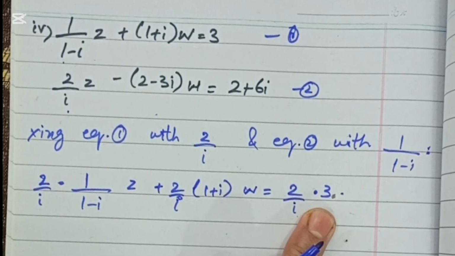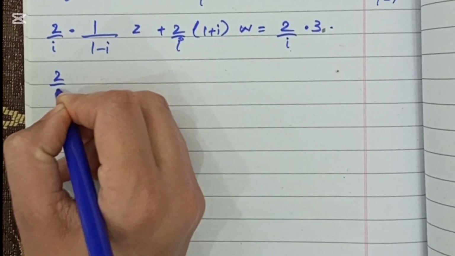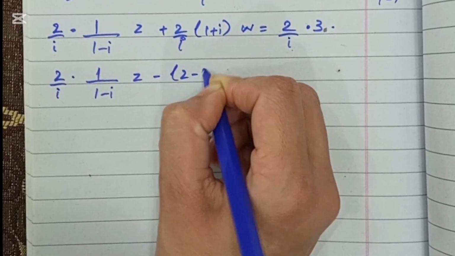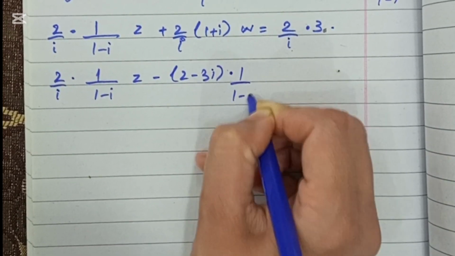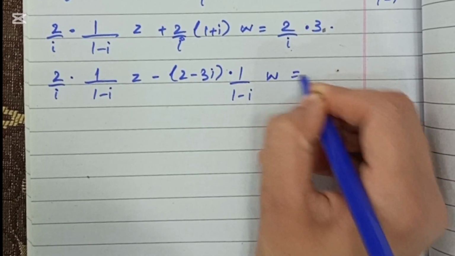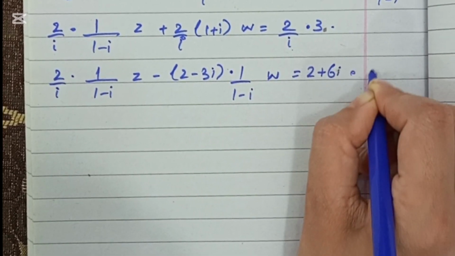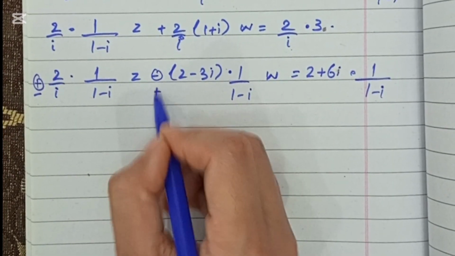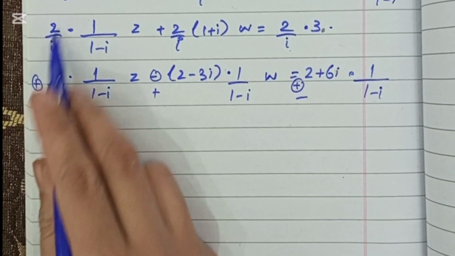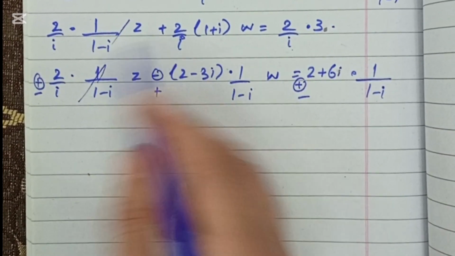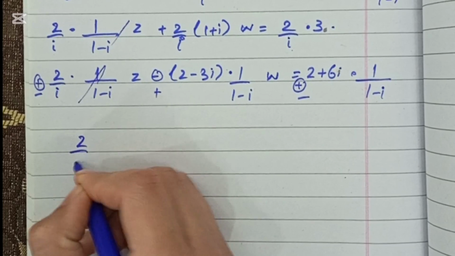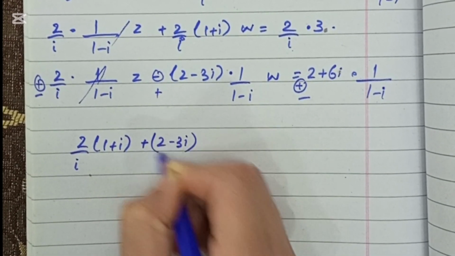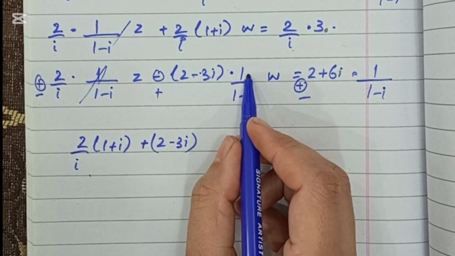First will become this, now the second one. Now we have to change the signs. This whole will be eliminated, the z, and this will be 2 by iota 1 plus iota plus 2 minus 3 iota. 2 minus 3 iota multiplied with 1 will give you this.